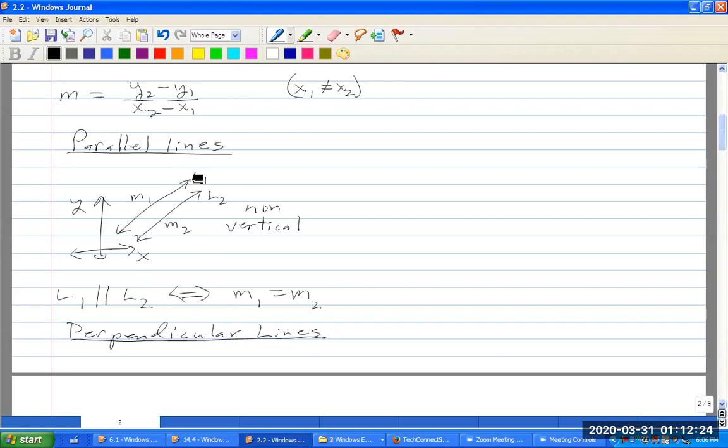Say the slope of line L1 is m1, the slope of line L2 is m2. Then two lines, L1 and L2, would be parallel. We'll denote the fact that they're parallel by these two parallel lines, if and only if their slopes are equal.